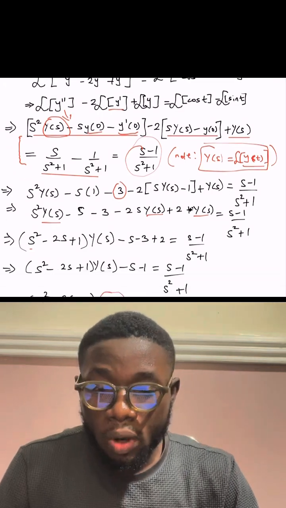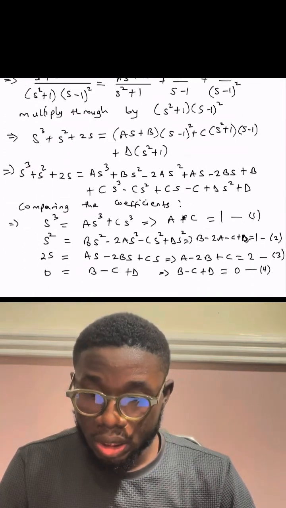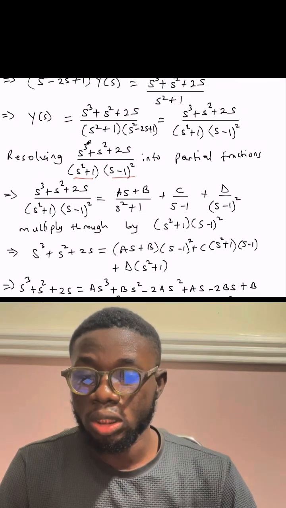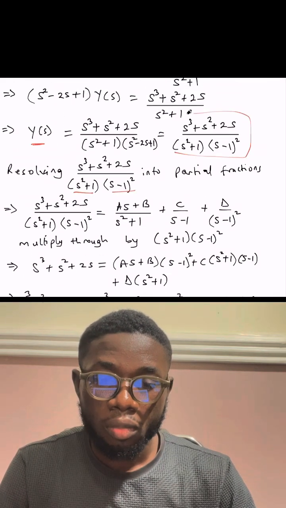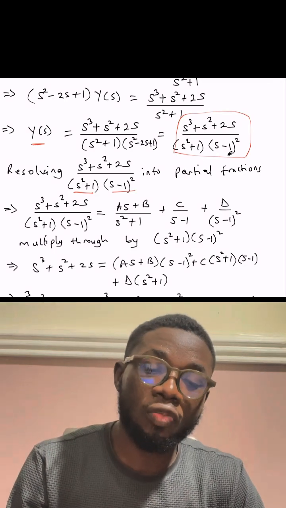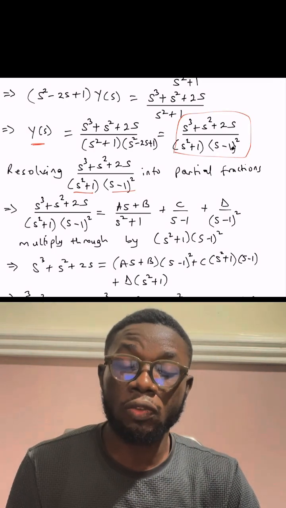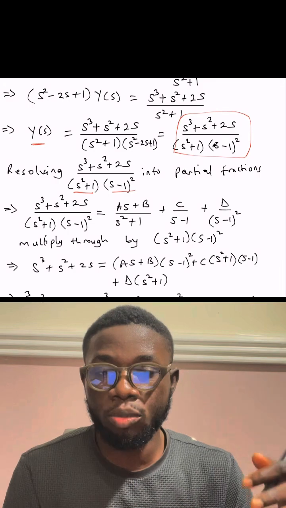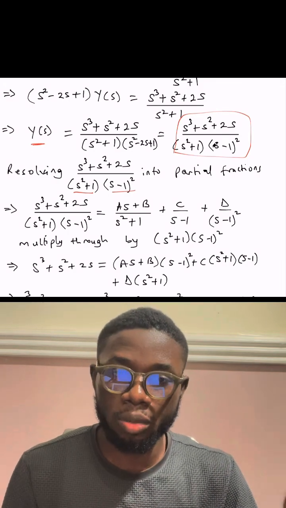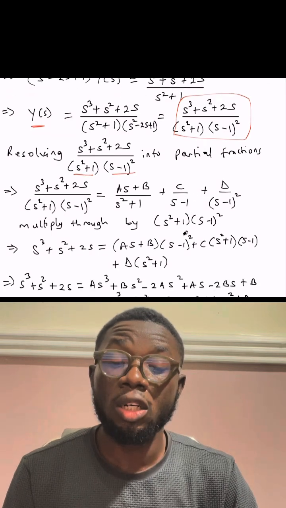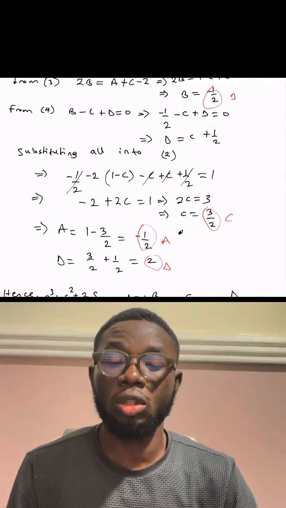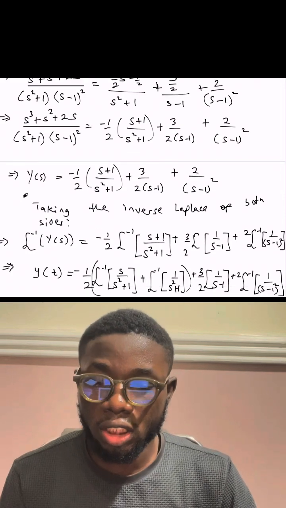Getting y of s in the form we had before resolving, it is not going to be easy for us to find the inverse Laplace transform, because there's a table of standard Laplace transforms. We won't be able to get the actual inverse from here. That is why we have to resolve into partial fractions. With this partial fraction now, this is what we are able to get.